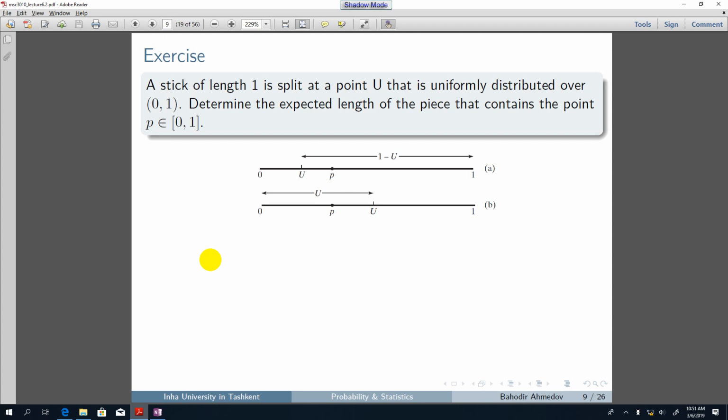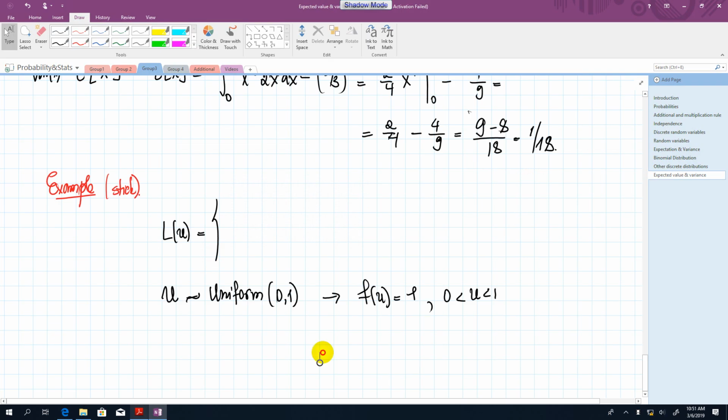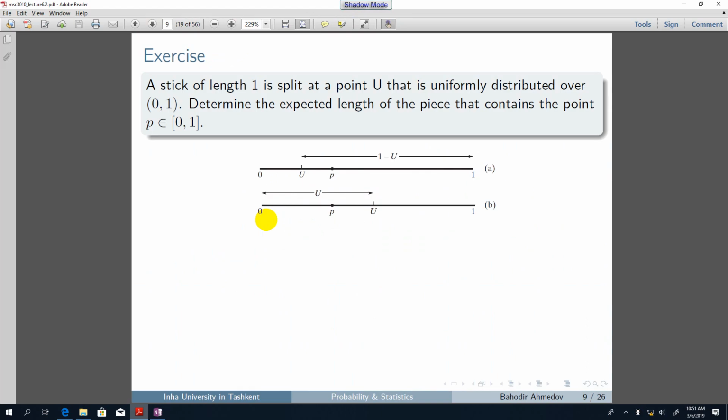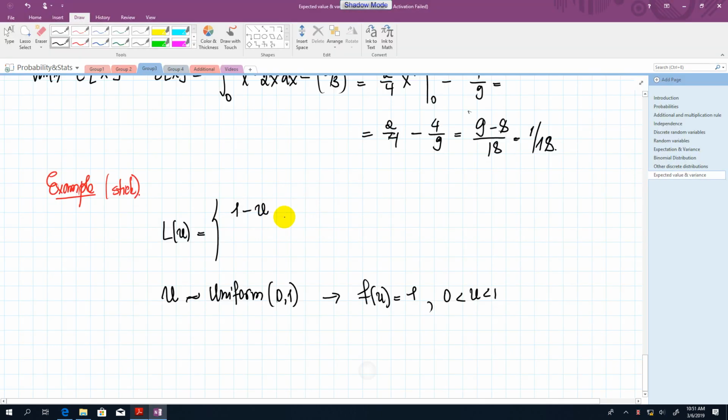In which cases will the length of P's side be 1 minus u? When it is bigger than u, right? So this is equal to 1 minus u. Do you understand this? You cut this at u, so the length of the piece which has this point P is 1 minus u if u is less than P, right?